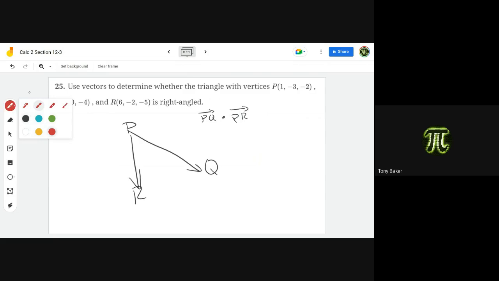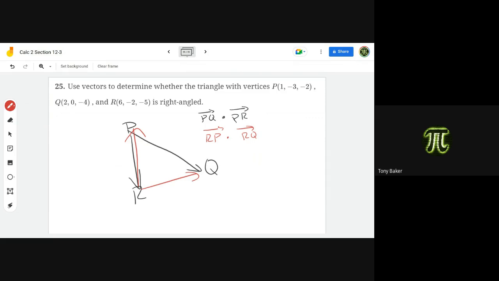And then I have that one. So I have vector RP and vector RQ. Because it's a right angle, do all of them have to be right angles? No, only one of them has to be a right angle, right? Exactly.